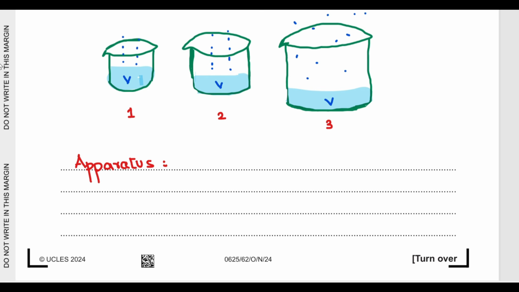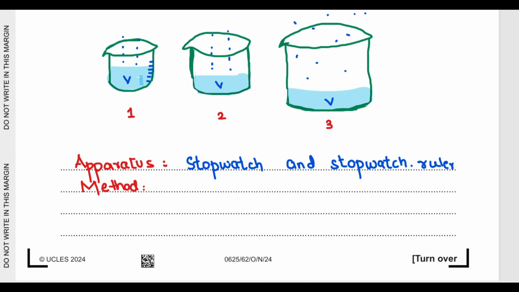Firstly, the question says if we need any other apparatus than this. So we need a stopwatch and a thermometer and a ruler to measure the diameter of every beaker. After this, the question asks for the complete description of the method that we apply. So firstly, we will measure the diameter of each beaker that we have.